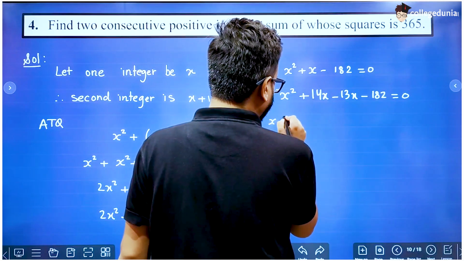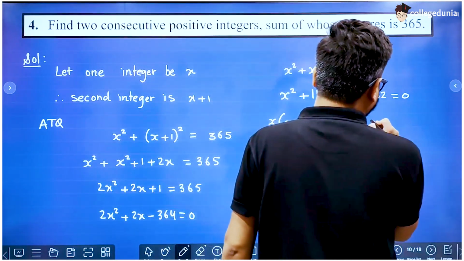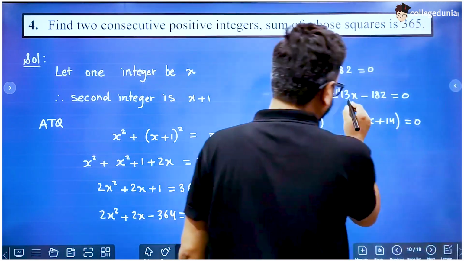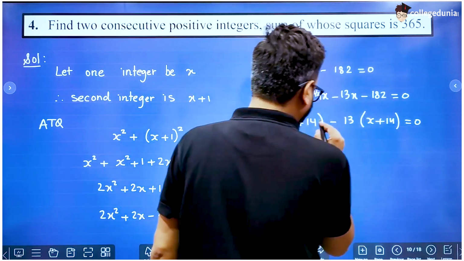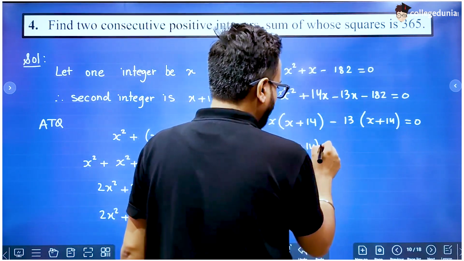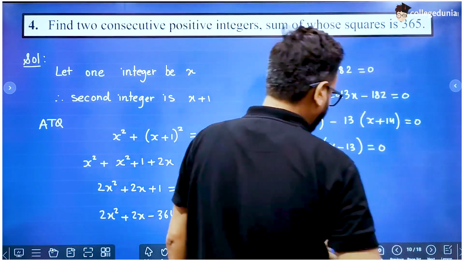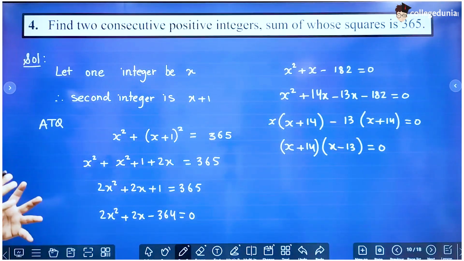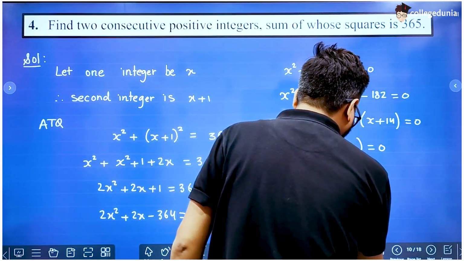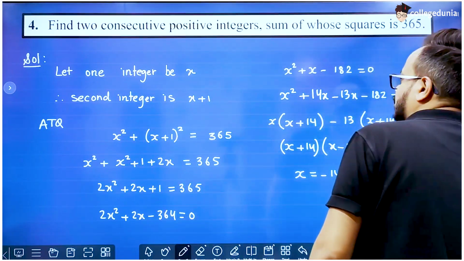Now take x common. So this is x plus 14 and this is x plus 14 equal to 0. Take minus 13 common. So x plus 14 into x minus 13 equal to 0. Now the answer is minus 14 or plus 13.